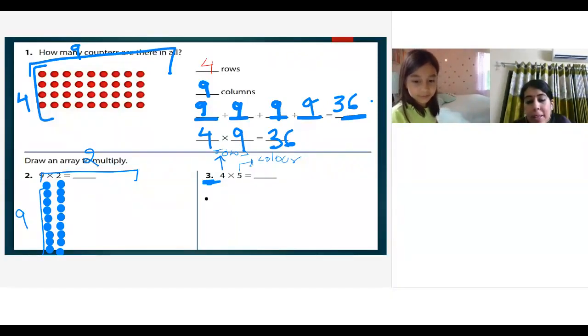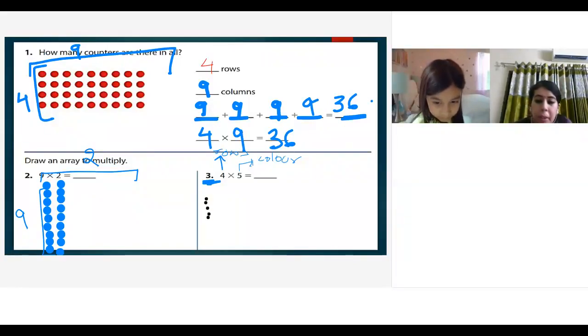Right, yes, yes. 1, good. 2, 2, 3, 4. Very good. And no. Rows are 4 only. Erase it. Can you do this fourth 3? 2. Very good.